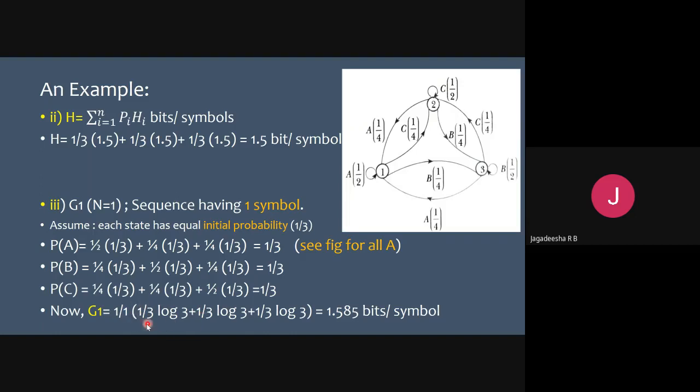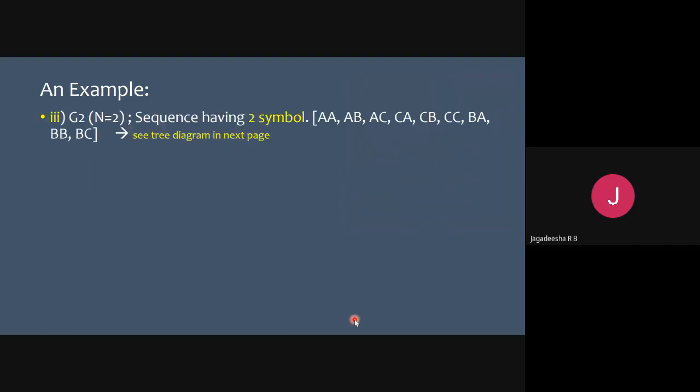This is the probability of the first state, log of 1 by pi, the second state, and the third state, the total value. So basically we're applying the same equation Gn that we saw in the previous slide. Now if it is two symbols, we assume that the source will generate two symbols. Maybe it is generating A, or A and B, A and C, all the possibilities we have.